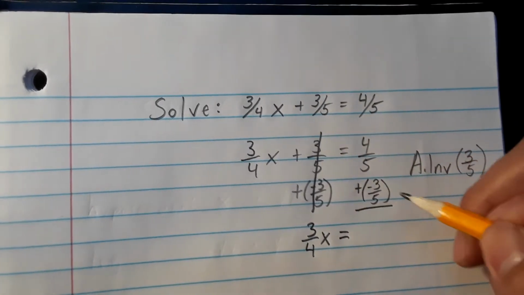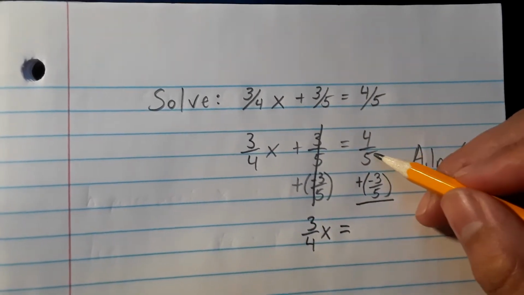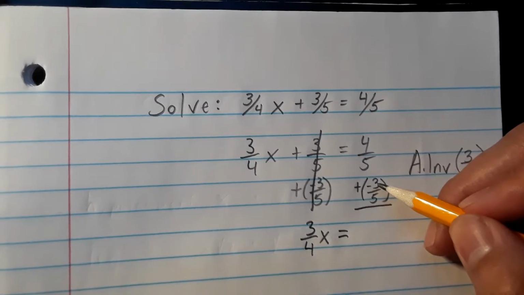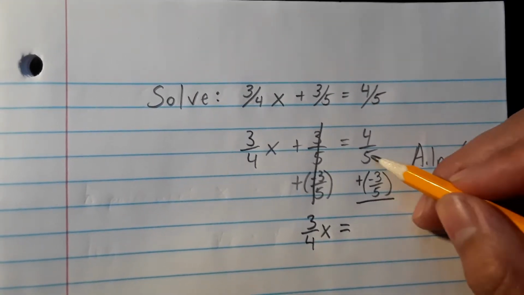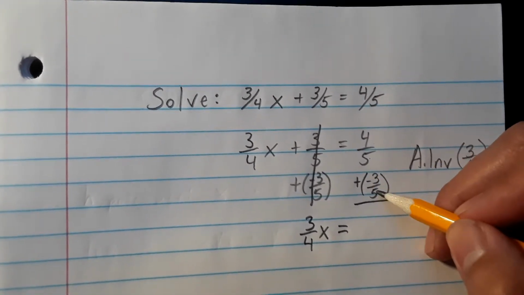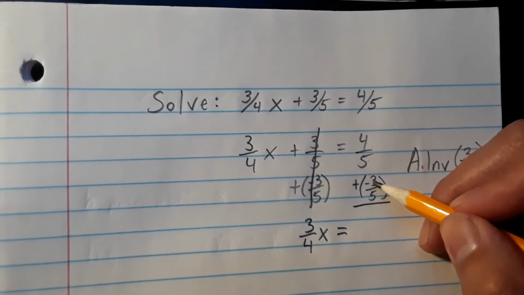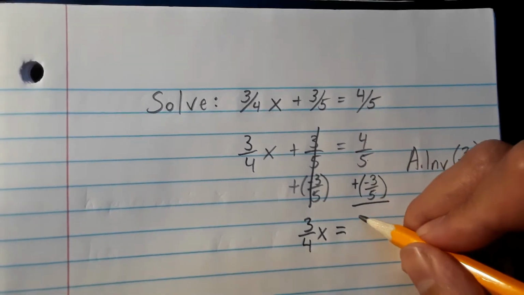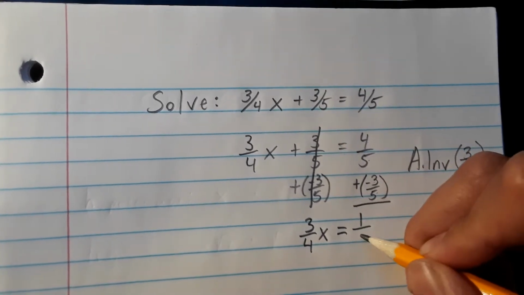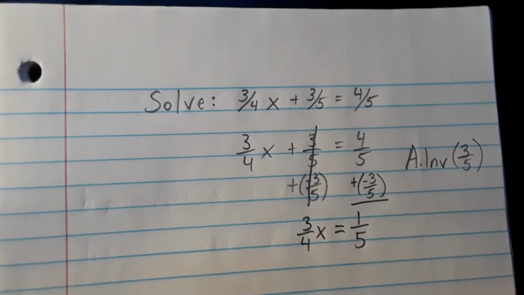On the right-hand side of the equation, we've got 4/5 plus negative 3/5. Our denominators are the same, so we just add 4 plus negative 3. That gives us 1. So on the right-hand side of the equation, we're left with 1/5.